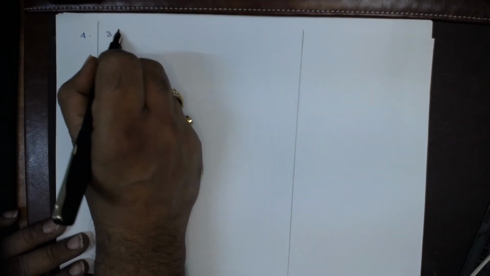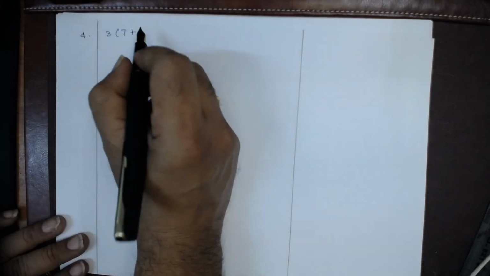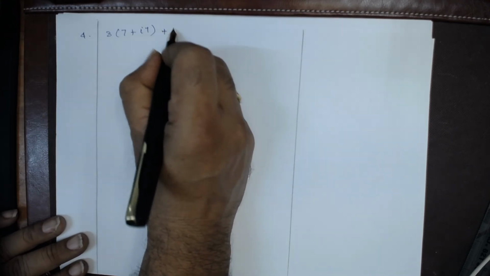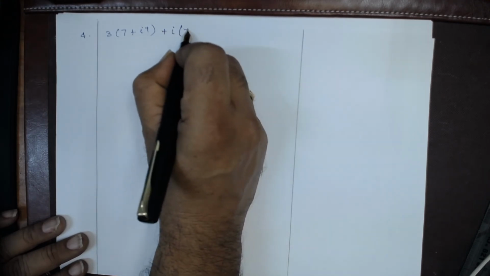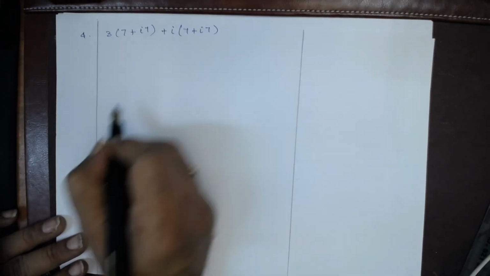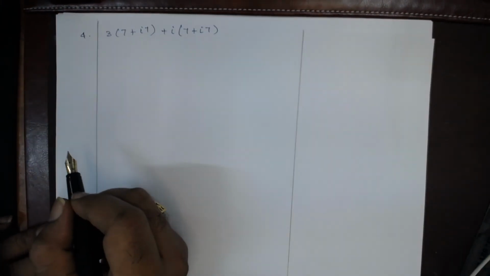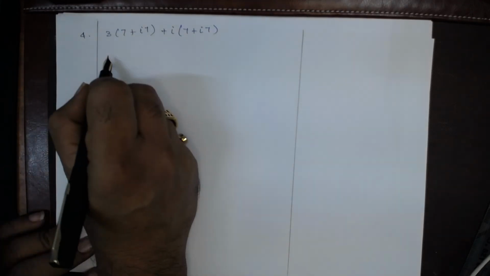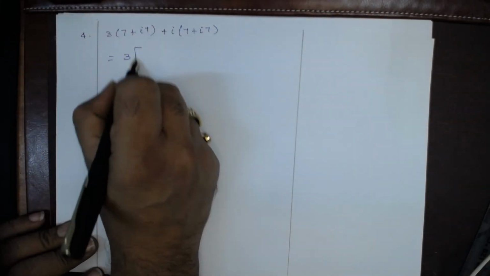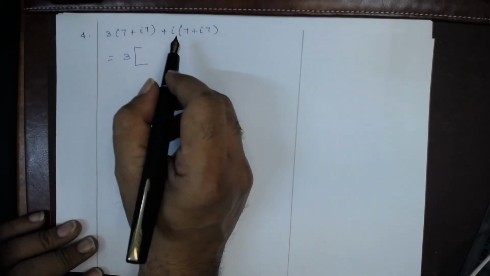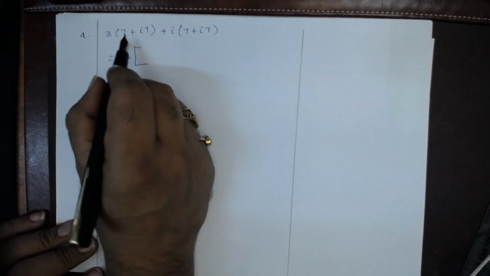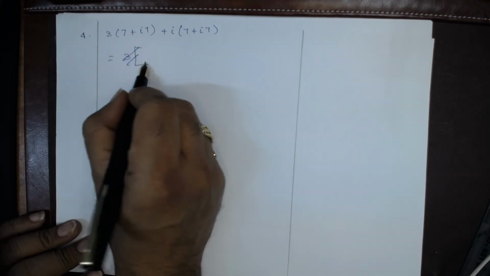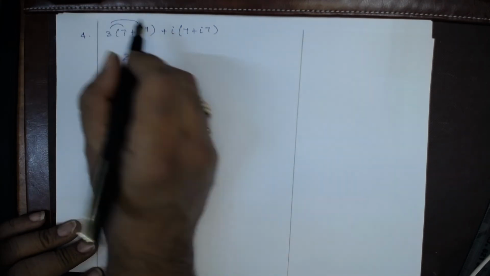3 into (7 plus i), plus i into (7 plus i), 3, open the bracket. First let us expand it. This is plus, is it not? So you can multiply this.